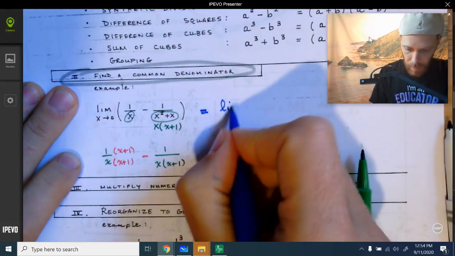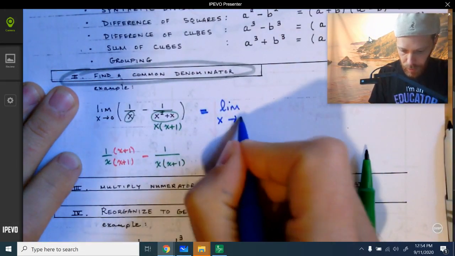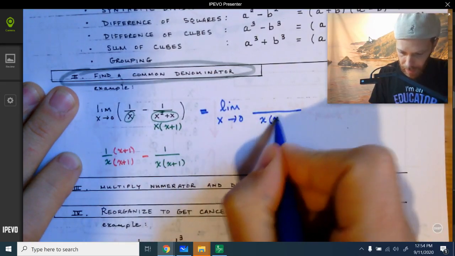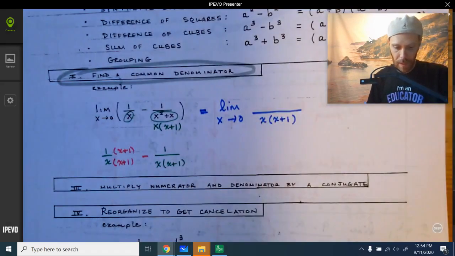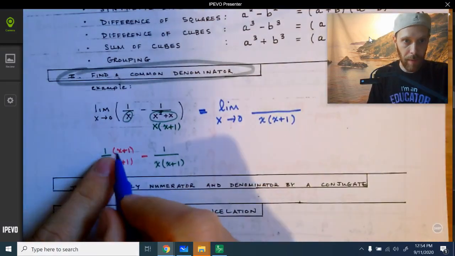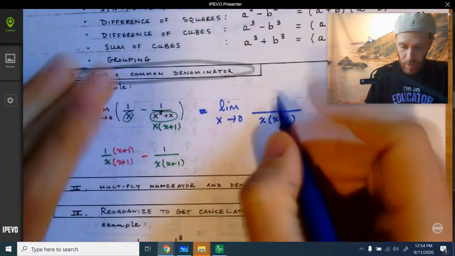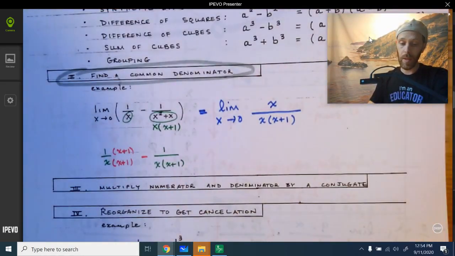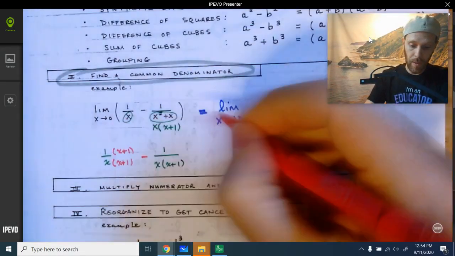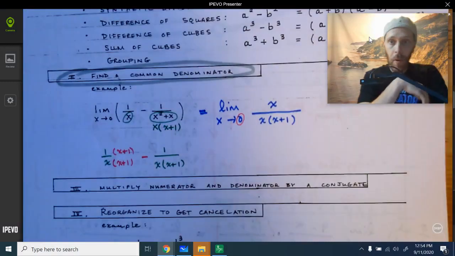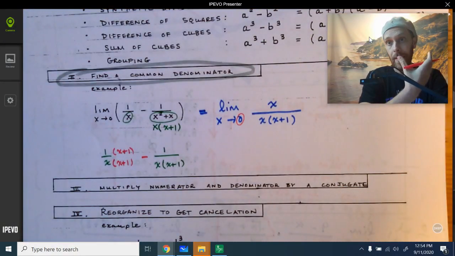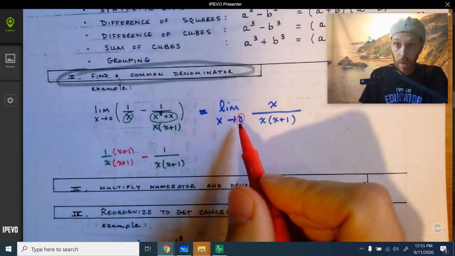Therefore, come back up here. This is the limit as x approaches 0 of, over x times x plus 1, and then in the numerator, we have this plus 1 minus 1, so it's just x. Now, this should make sense to you because our limiting value is 0. And if you have a 0 there, you know you're looking for something that has a factor of, or a root of 0.